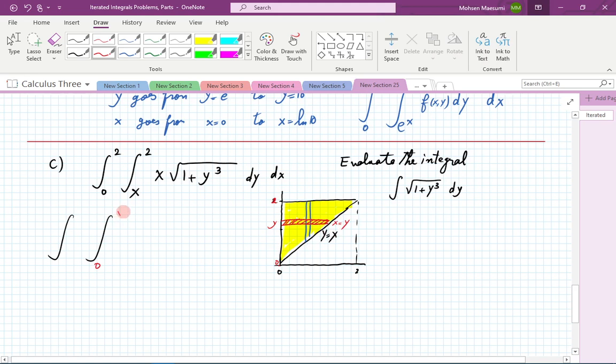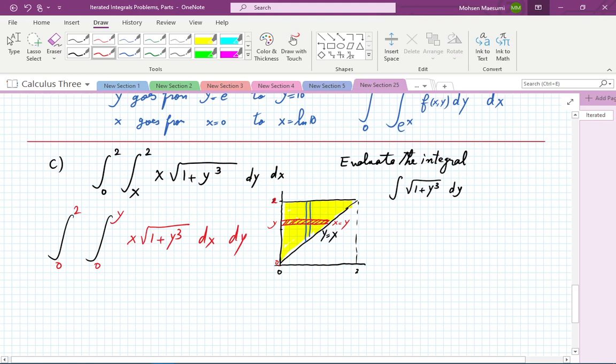So I go from 0 to y. My function is the same as before. That does not change. We are saying x goes from 0 to y, and then when y is to be taken care of, y goes from 0 to 2. So accidentally this looks like that, but they mean different arrangements.